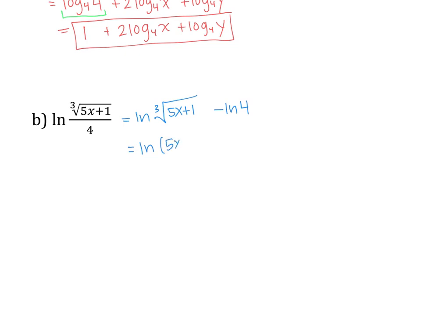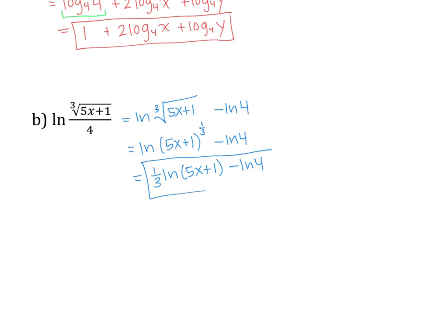Since it's a 3rd root, the exponent is 1/3. ln 4, I can't simplify that. I'm going to bring the exponent down. And then this is going to be my expanded expression. Got rid of as many exponents as I could and simplified anything I could.